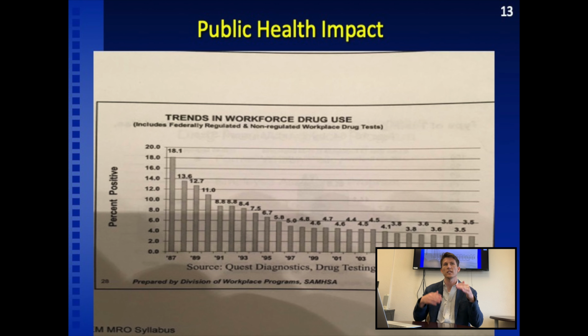So they instituted mandatory drug testing, at least for what they call safety-sensitive positions, like bus drivers, airline pilots, things like that. And what they found was a significant decrease not only in drug use, but also in all these negative outcomes. So this is one area that people look at as research showing that drug testing can be helpful.